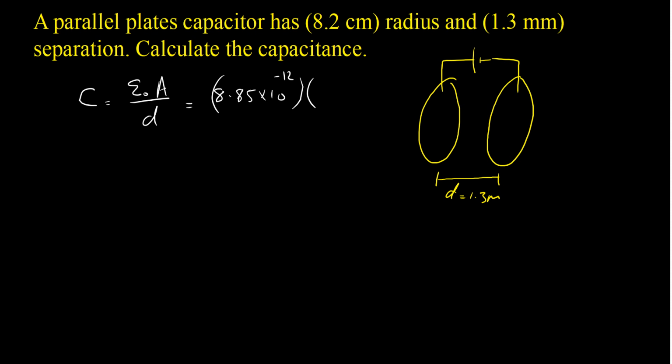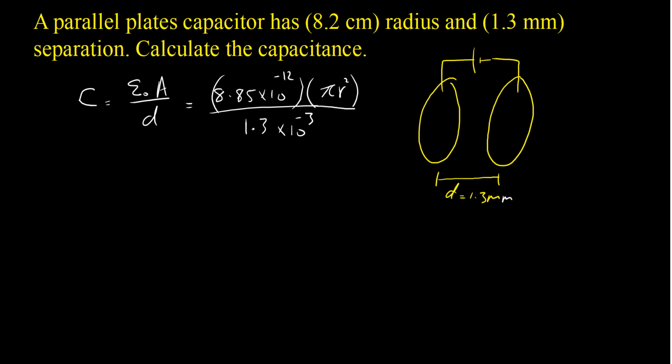And the area, I should calculate the area of the circle. It is pi r squared, divided by the distance, and we need to remember we don't use millimeter. Sorry, I wrote meter here, it's a millimeter. So it is 1.3 times 10 to the power minus 3.